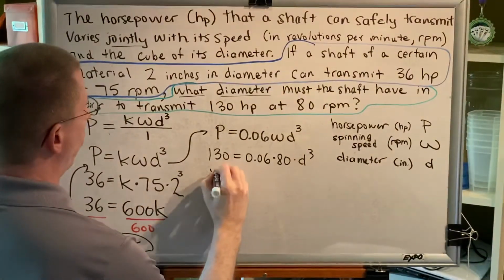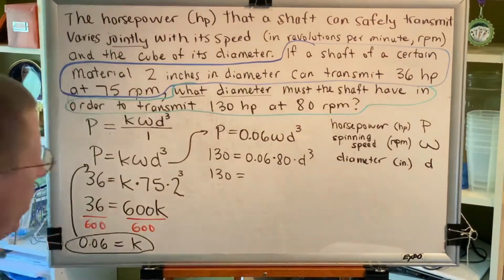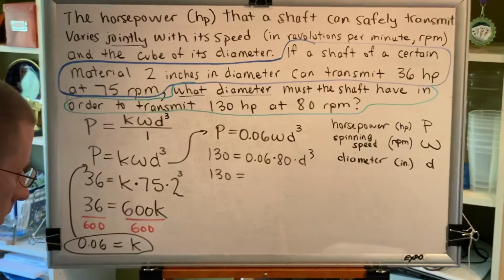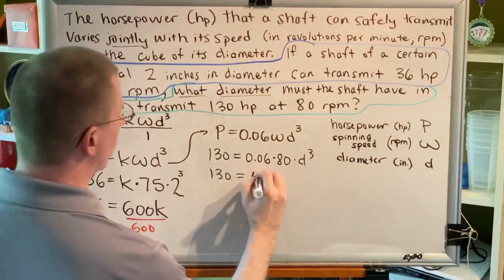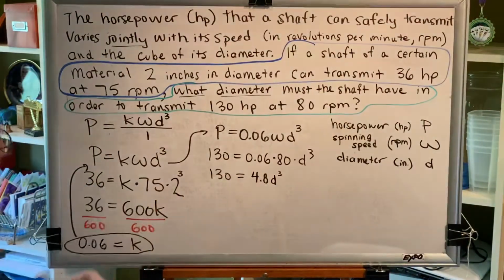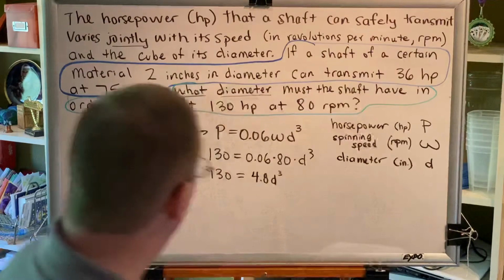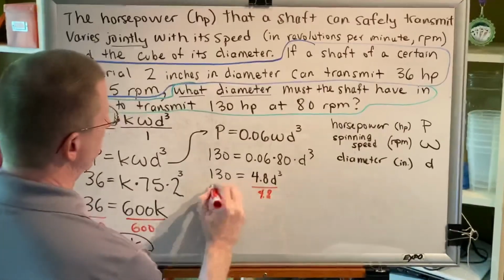All right, so we get 130 equals, I need to know what is 80 times 0.06, 4.8. Now I want to solve for D. I need to get the D cubed alone, so I divide by 4.8 on both sides.